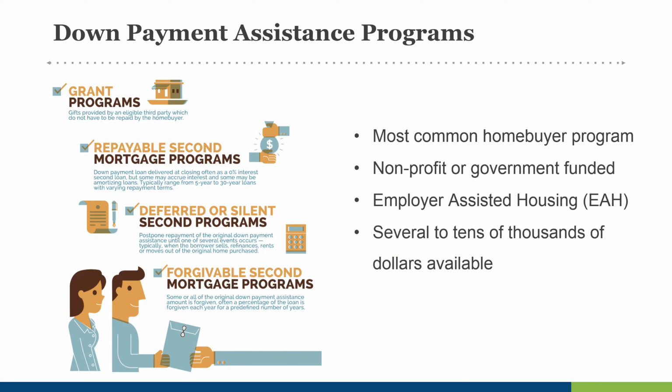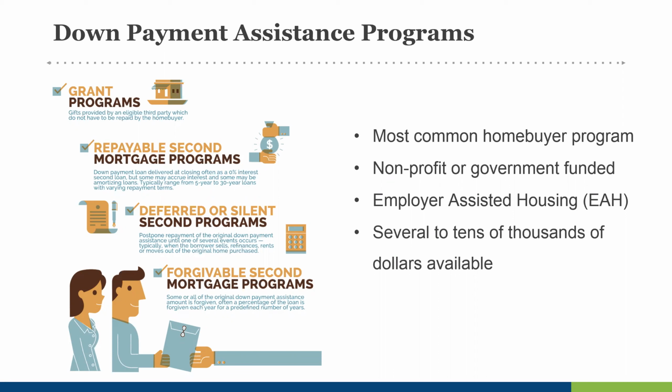But then you also have some down payment assistance programs that are silent seconds, or the monthly payment is deferred. So you still get the loan for down payment help at closing, and then you don't have to make monthly payments on that loan. They're typically 0 interest. And then in 5, 10, 30 years, it depends on the program, it may come due.